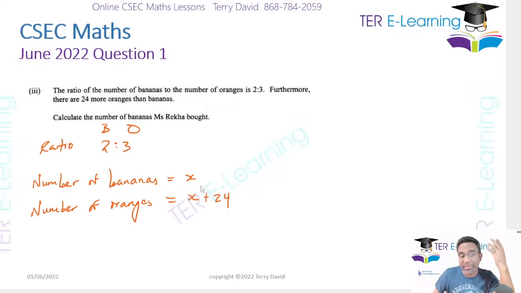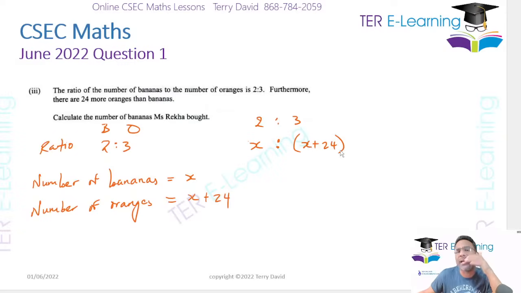So that's what we know. The ratio is 2 to 3, but we also know it's x to x plus 24.